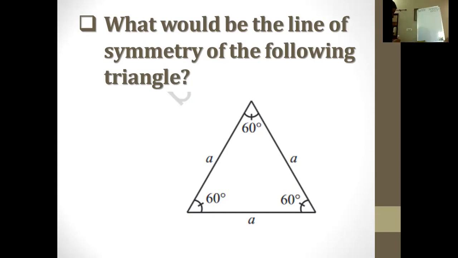Let me draw here. Line of symmetry. First of all, we would draw a triangle with all sides equal to each other, and the angles are of 60 degrees.